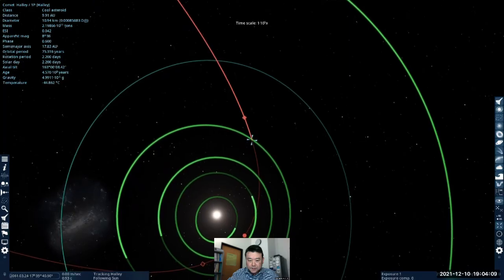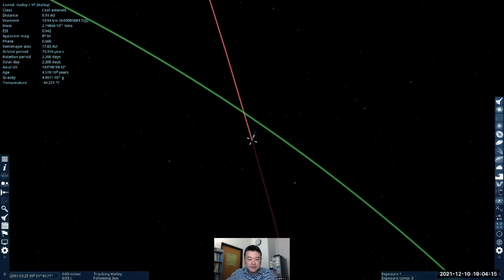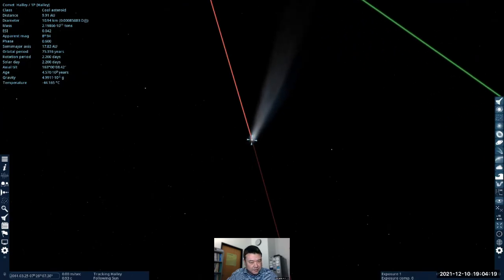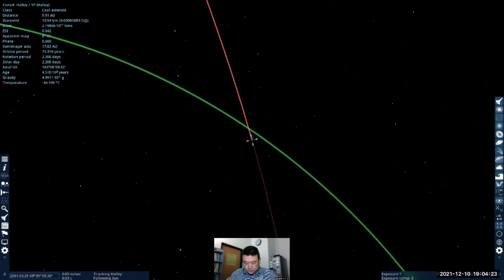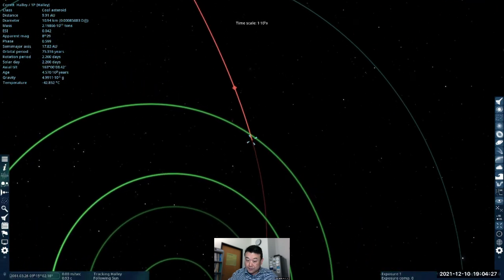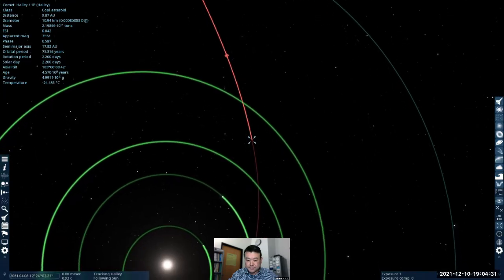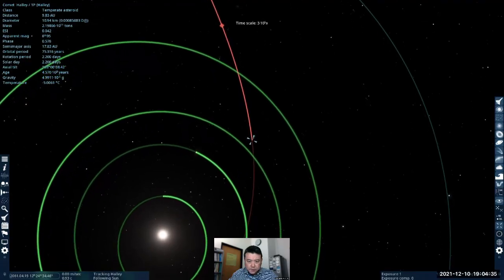Okay, so at this point, the comet would be at a similar distance as how far away Mars is from us. And that doesn't seem to have changed all that much. So I'll move the simulation along until it's inside the orbit of Earth. And I think by this point, the tail should be much more visible.